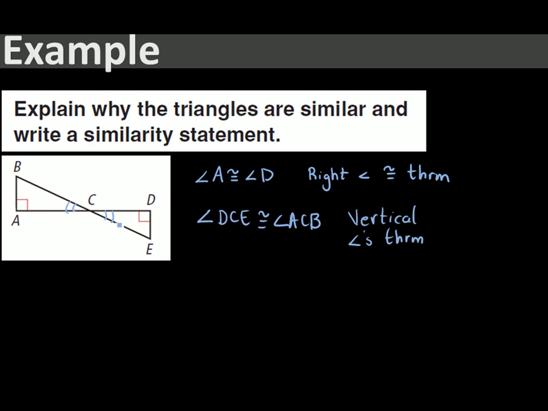So because we have two congruent pairs of angles, by the angle similarity postulate, we can finally say that triangle BAC is similar to triangle EDC. Notice I was very deliberate about the order in which I placed the letters to make sure that B corresponds with E, A with D, and C corresponds with C.